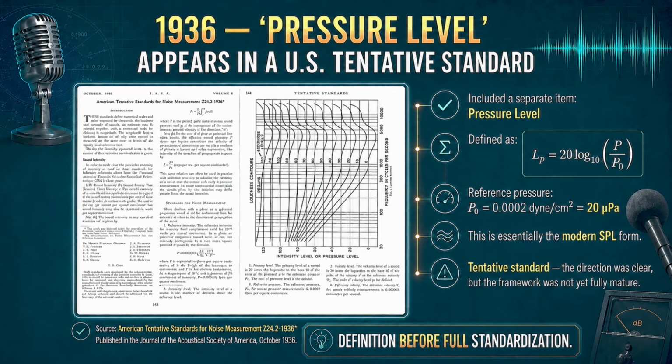But notice the title of the document. It was still a tentative standard. The direction was clear, but the terminology and the overall acoustical framework had not yet fully matured. This is why I describe 1936 as the milestone of definition, rather than the final establishment of sound pressure level.